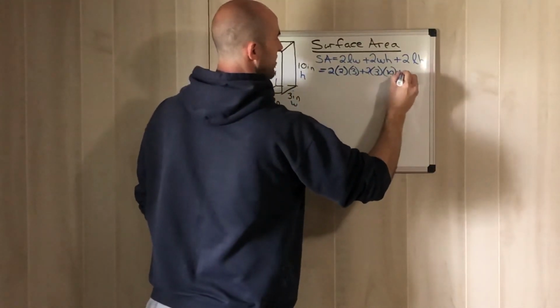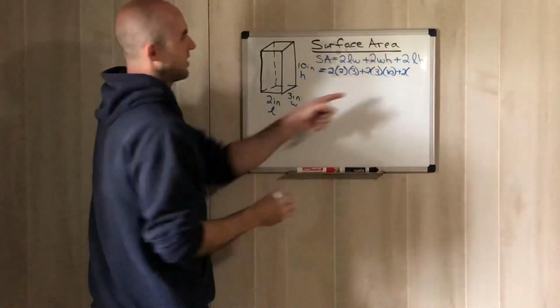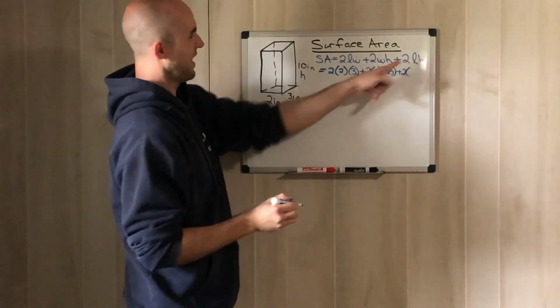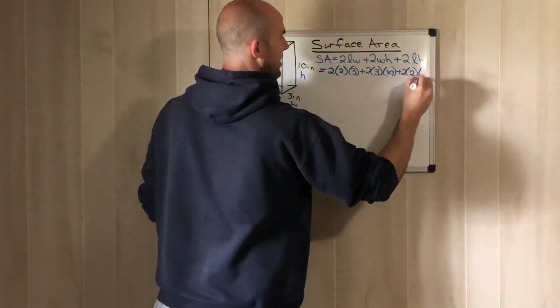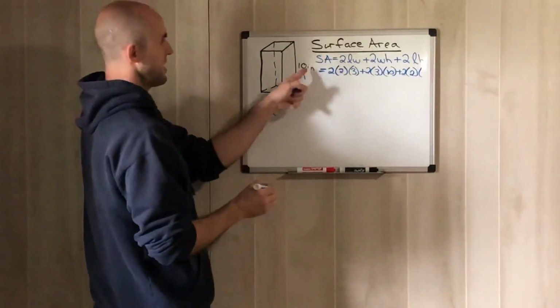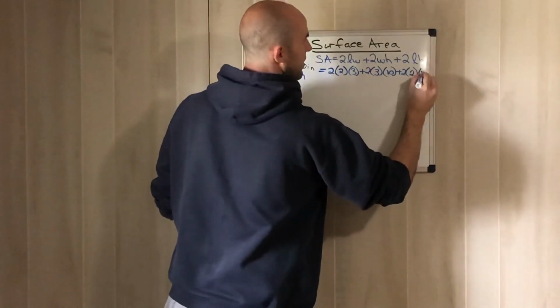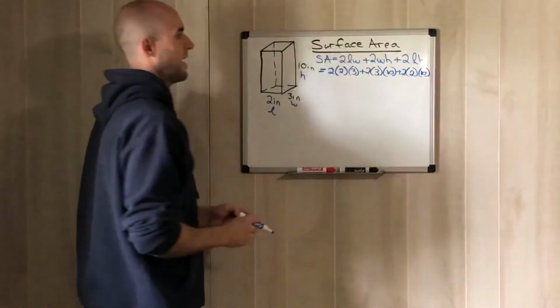And now the last part, let's see if I can squeeze it in there. It's 2, the length is 2 again, and the height is going to be 10. Okay, so we have all that.